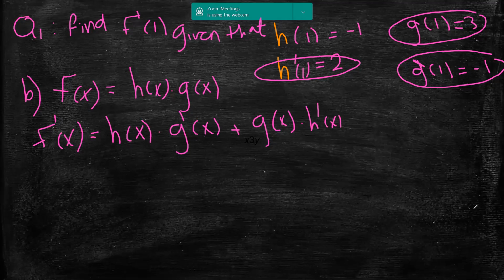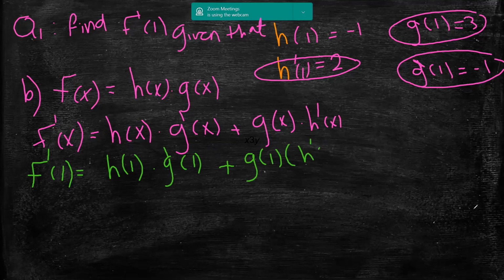Here I want now to find f prime of 1. So I will substitute h of 1 times g prime of 1 plus g of 1 times h prime of 1. Now, where's h of 1?